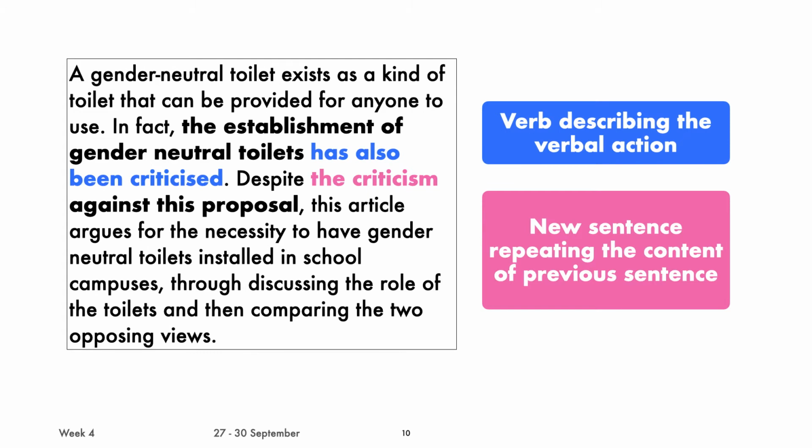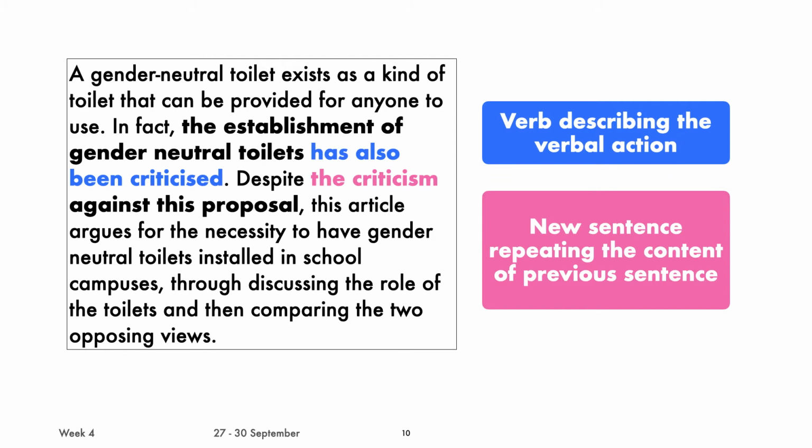A gender-neutral toilet exists as a kind of toilet that can be provided for anyone to use. In fact, the establishment of gender-neutral toilets has also been criticized. Despite the criticism against this proposal, so I'll stop here.